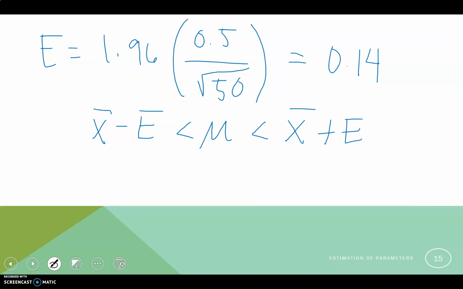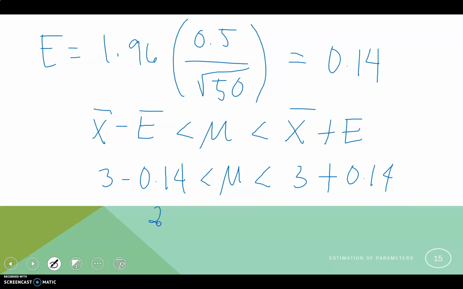So we have 3 minus 14 hundredths and 3 plus 14 hundredths. Okay, so the confidence interval nato karon is from 2.86 to 3.14.